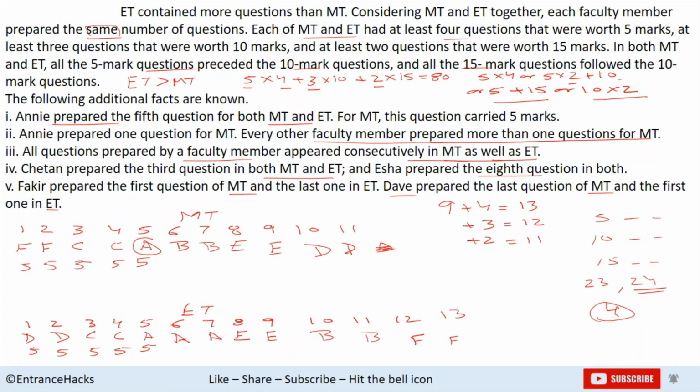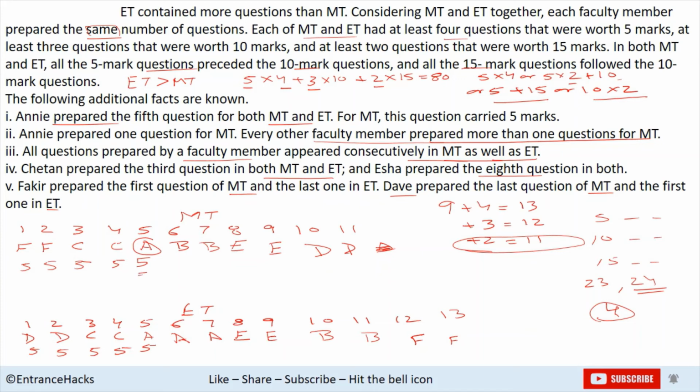So for 5 marks questions, for 11 we have this option, right? So that means either 5 plus 15, so 2 questions extra, or 10 by 2, but we have already 5 into 4, so there have to be 4 questions of 5 marks which are mandatory.